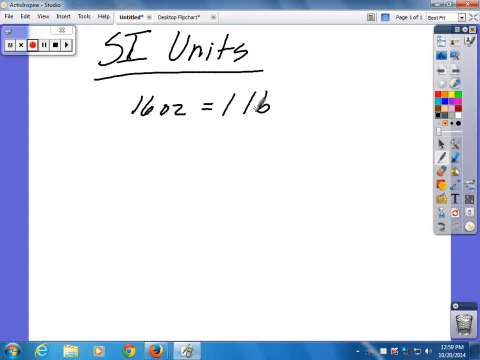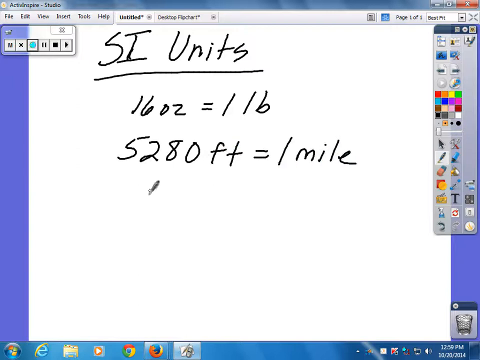In 1 pound. Give me another one. 5,280 feet is equal to 1 mile. 2,000 pounds is equal to 1 ton.